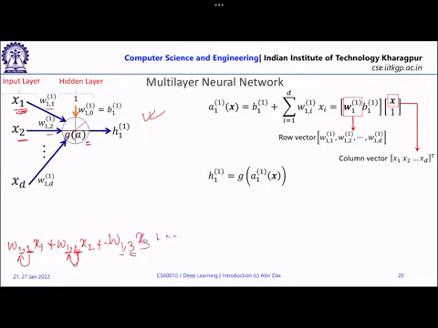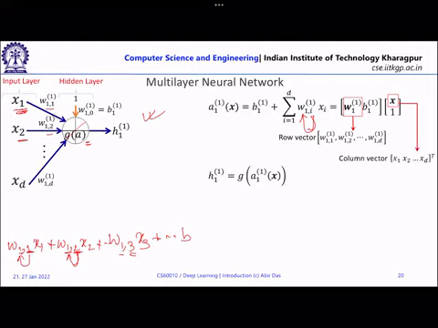And then ultimately this B is there, of course. I'm just telling about the notation. So 1, i to 1: the ith input to the first hidden node.